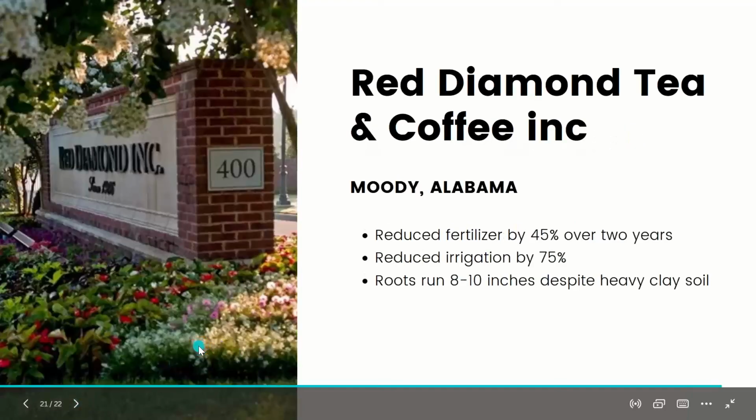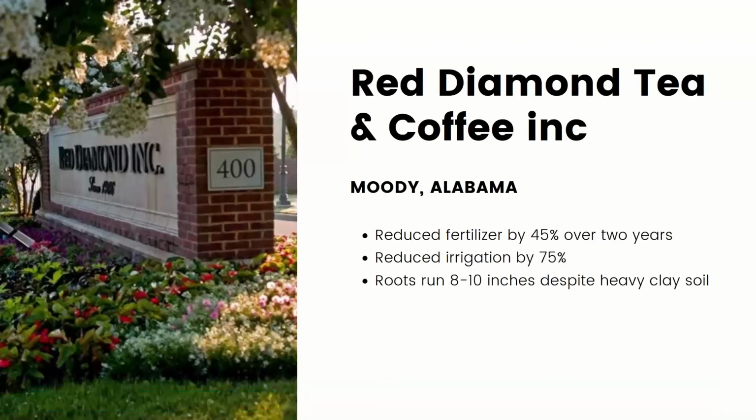Red Diamond Tea and Coffee Incorporated in Alabama, they reduced by 45% over 2 years. And I think that's an important point, that they didn't just reduce it right off the bat. I will tell you that I write a lot of programs for lawn care companies all over the country. And we want to make sure that there's an increased result before there's an increase in reduction.